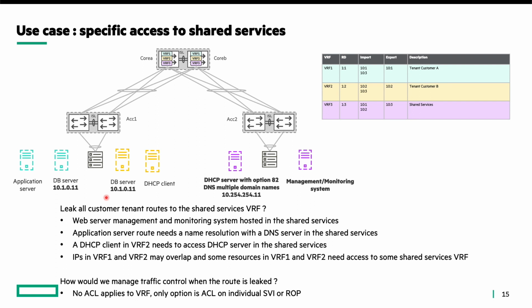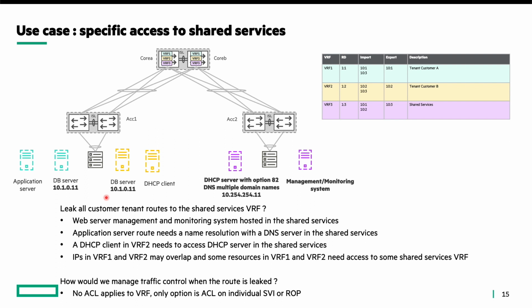And there is no central way, no global point; it's not applicable to a VRF. A layer 2 access list can be applied to a VLAN, so this is possible, but we don't have the concept of a layer 3 access list which is applied to a VRF.